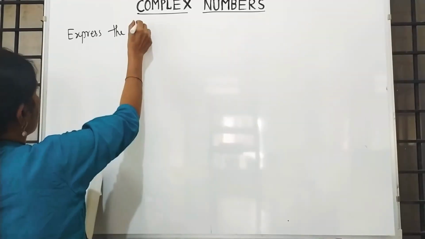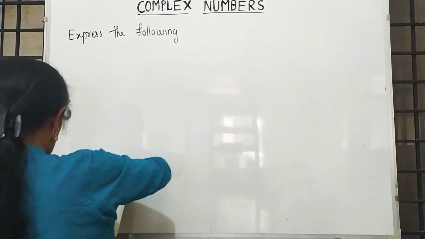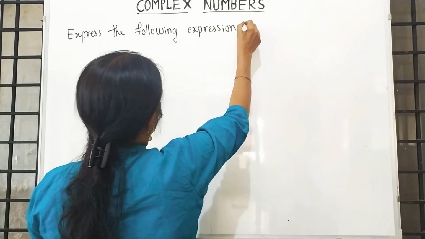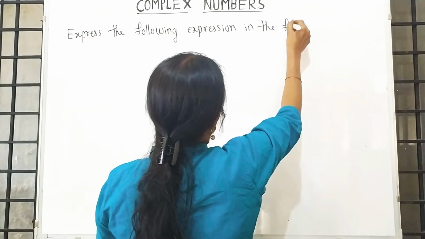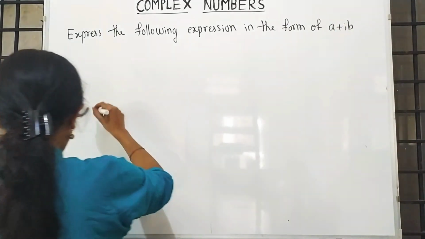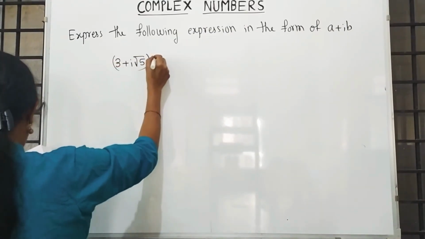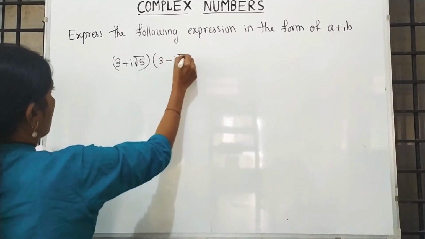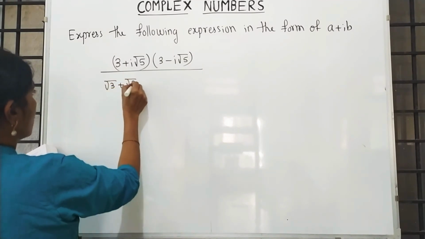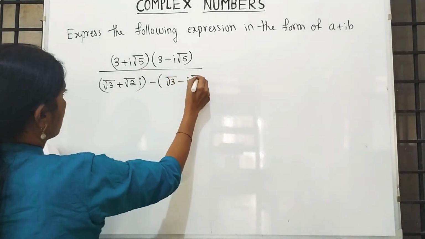Express the following expression in the form of a plus ib. 3 plus i root 5 into 3 minus i root 5 divided by root 3 plus root 2i minus root 3 minus i root 2.